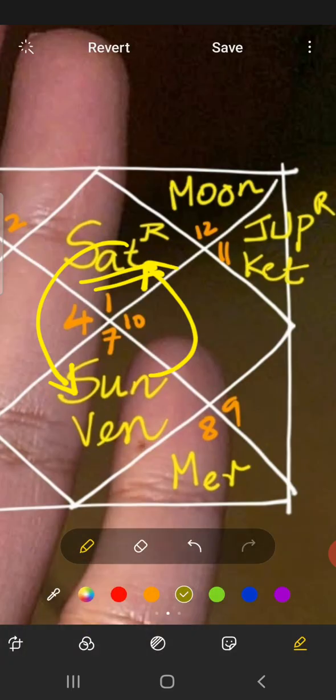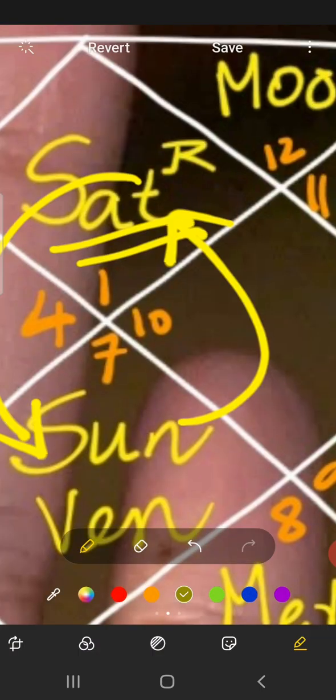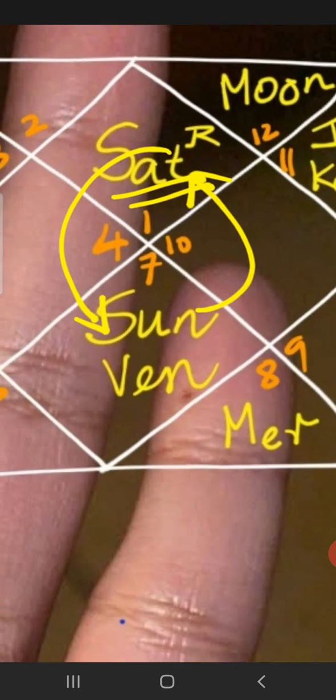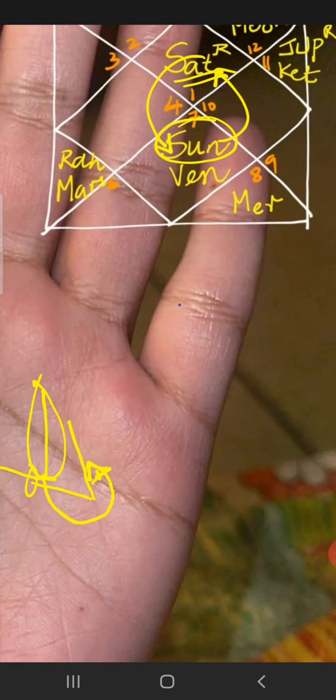It shows that there will be progress in life. Whenever in Bhrigu Nadi sun is involved, it shows growth, it shows prospects, it shows some kind of divine intervention, it shows some kind of good prospects in life. So sun always means good prospects in life, and that is very well seen here.